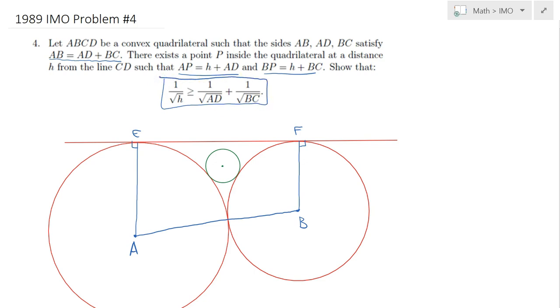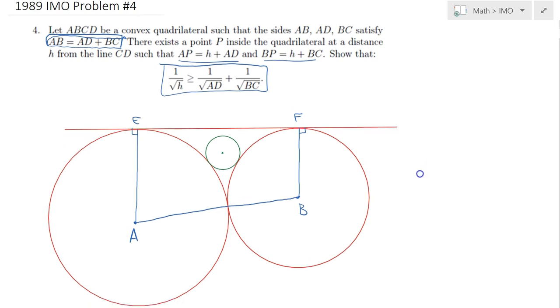holds. Okay, so in order to make sense of this, I will construct the quadrilateral very carefully, and here I have a sketch already.